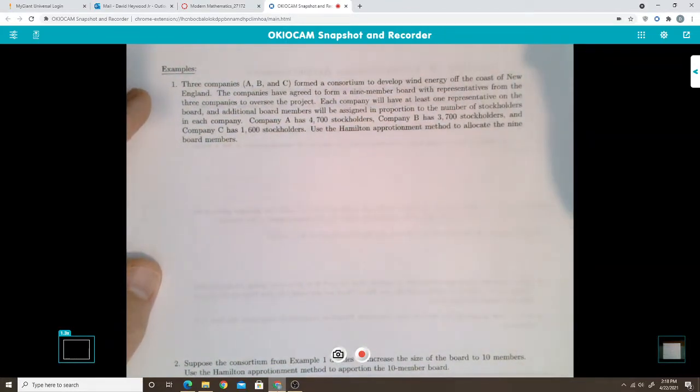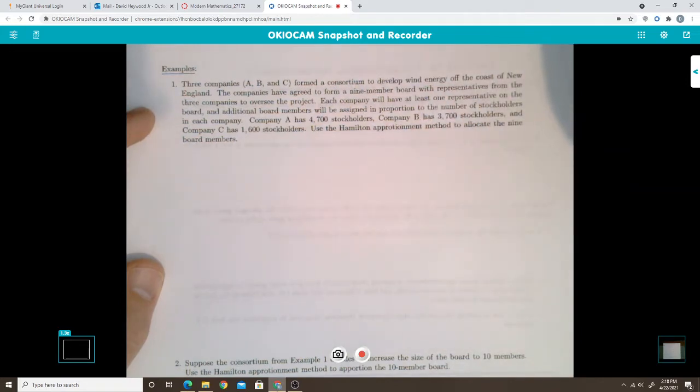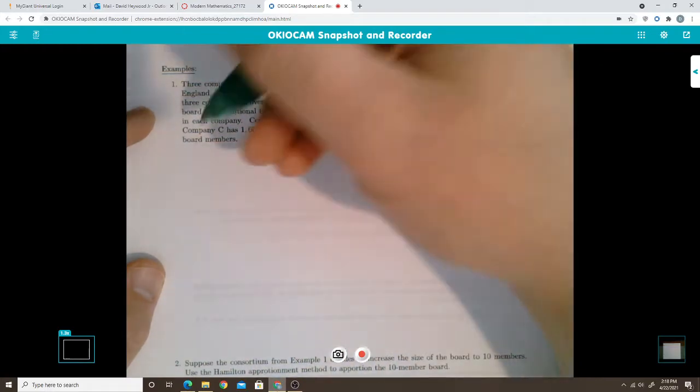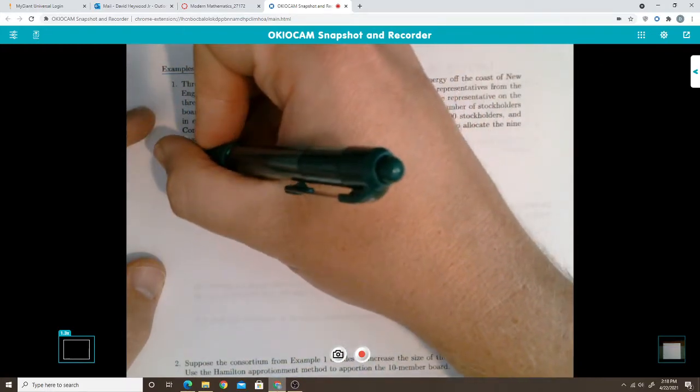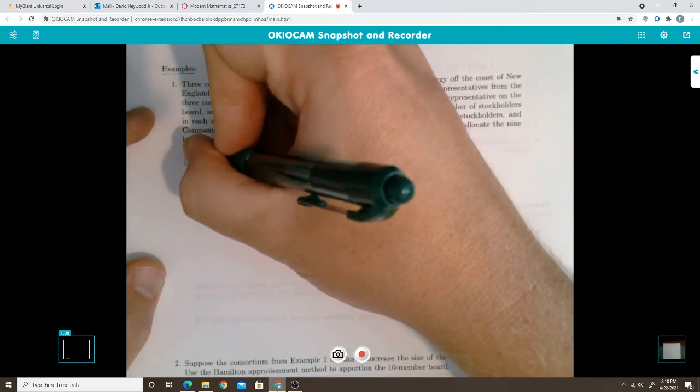Okay, so let's use Hamilton's method here, or the Hamilton apportionment method. So here's how it works. I'm going to organize my work into a table. And so we have 3 companies, so I'm going to make a column for the company.